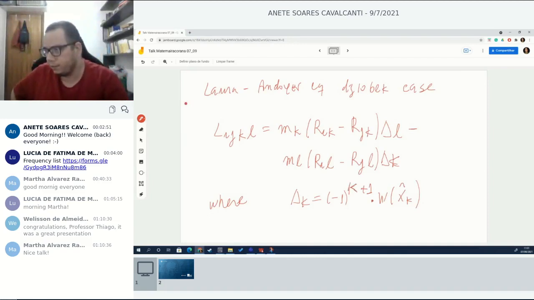Then this is the Laura-Andoyer equation.